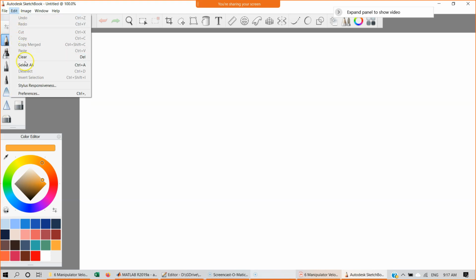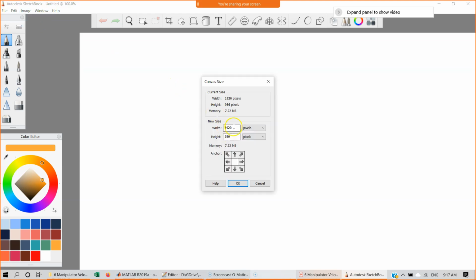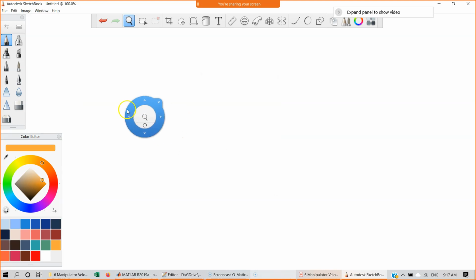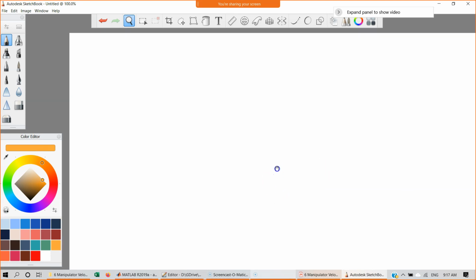Let me try to have my canvas as big as possible. Let's double it. 2000, 4000, and 2000. All right, it's big enough. So this is more or less a refresher of what you have learned probably.